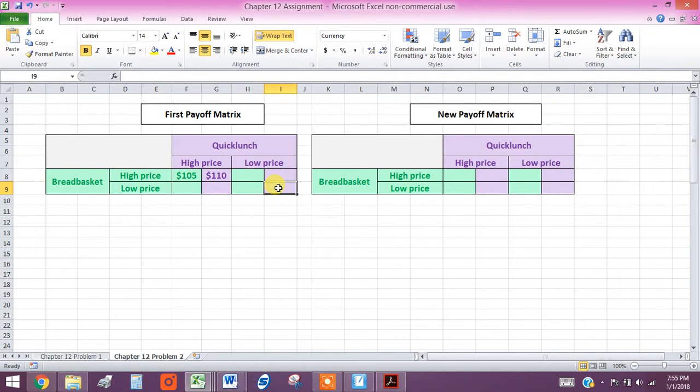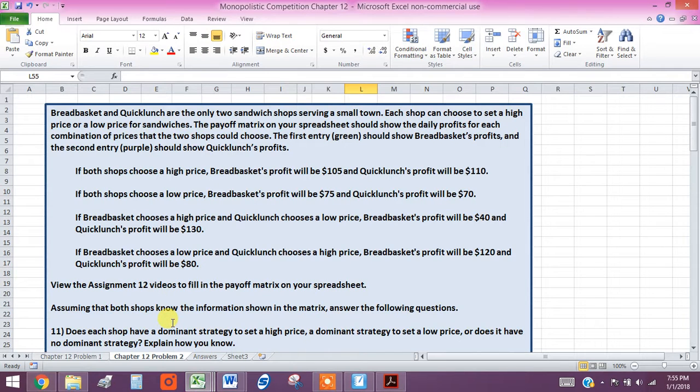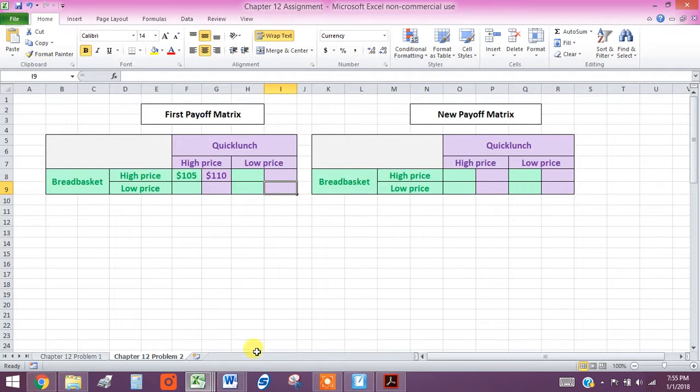I can't remember what it was, so let's go back. So it's low here, low here. This is easy to get confused. Bread Basket's 75, so that's right here for low, 75, in green. And Quick Lunch's low is here, so they're 70.